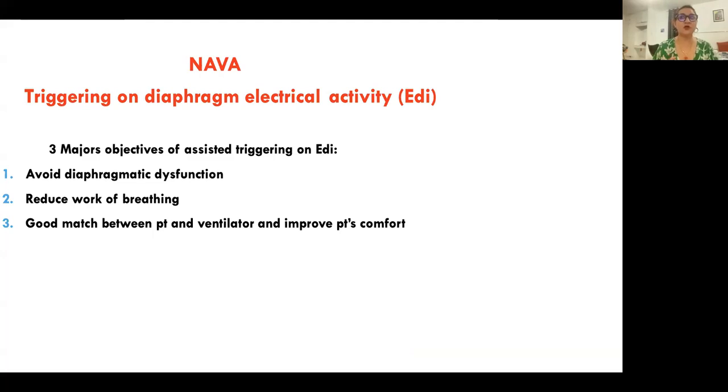You are still not synchronous, and so you have an increased work of breathing. So with this EDI use, you are going to reduce the work of breathing. And third, the most important thing is the synchrony: the match between the patient and the ventilator will improve the patient's comfort. So this is our aim when we are using the EDI.